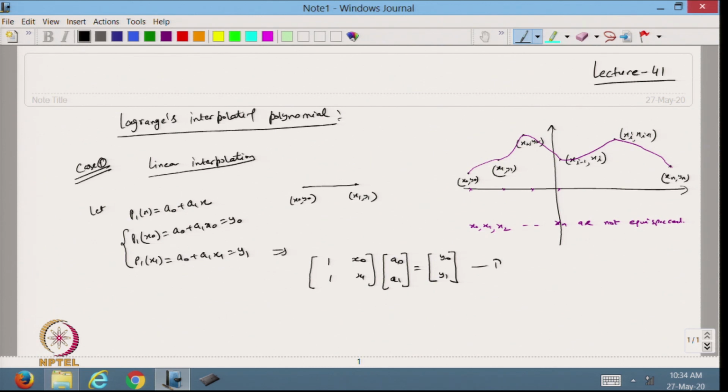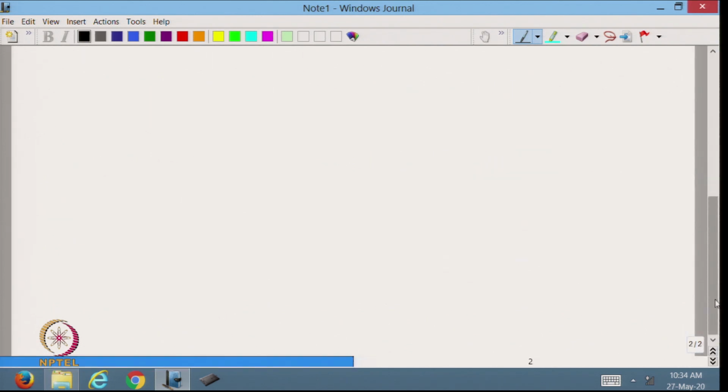This is the system I want to solve for linear interpolation.